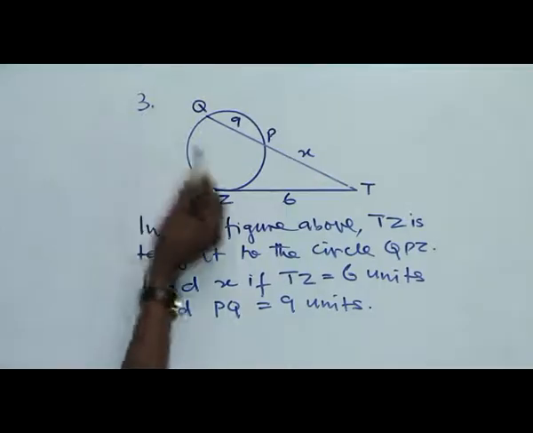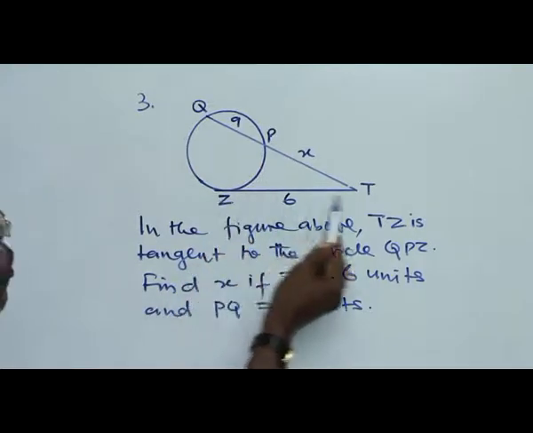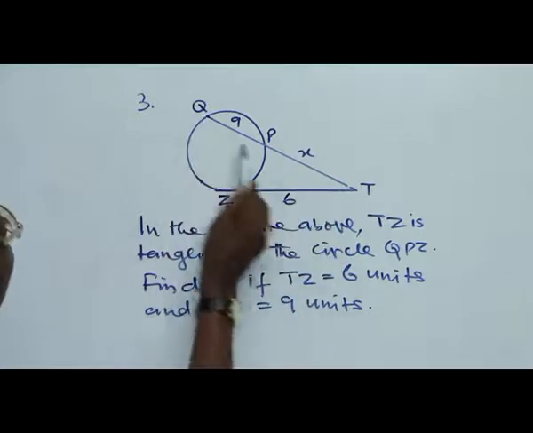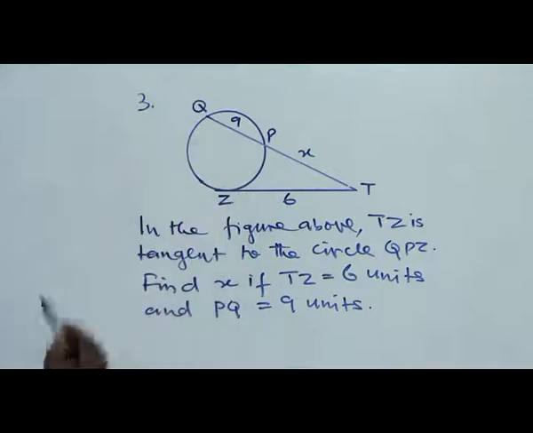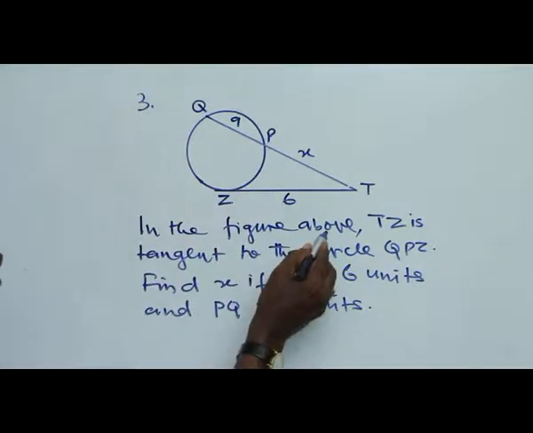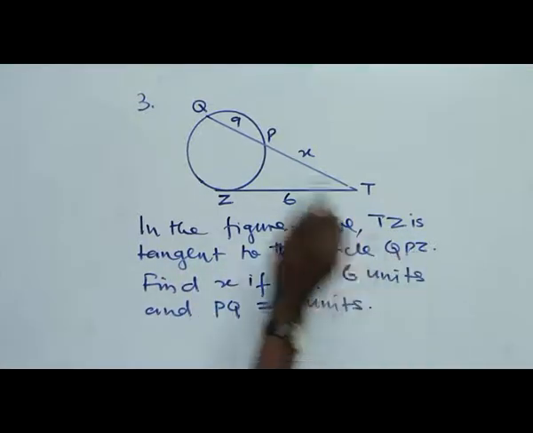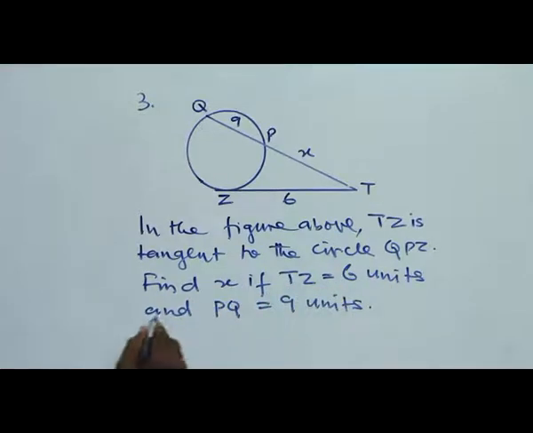Example number 3. Here is a diagram for you. Observe this diagram. From Z to T is a tangent, and this one is a secant from the external point to a circle. Now, in the figure above, TZ is tangent to the circle QPZ. Find S if TZ equals 6 units and PQ equals 9 units.